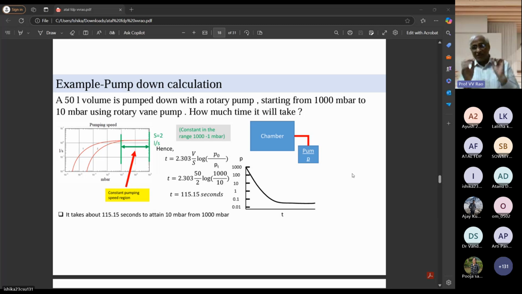And the requirement is to go from 1000 millibar, that is atmosphere, to 10 millibar. Quite a reasonable thing, because from 1000 to 10 millibar, already 99.9% of the bulk gas has been removed. Afterwards, these high vacuum pumps, turbomolecular pumps, are not removing the chamber gas.